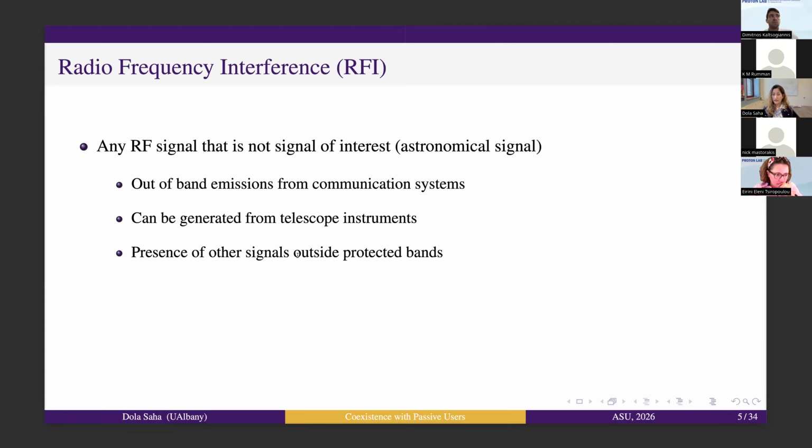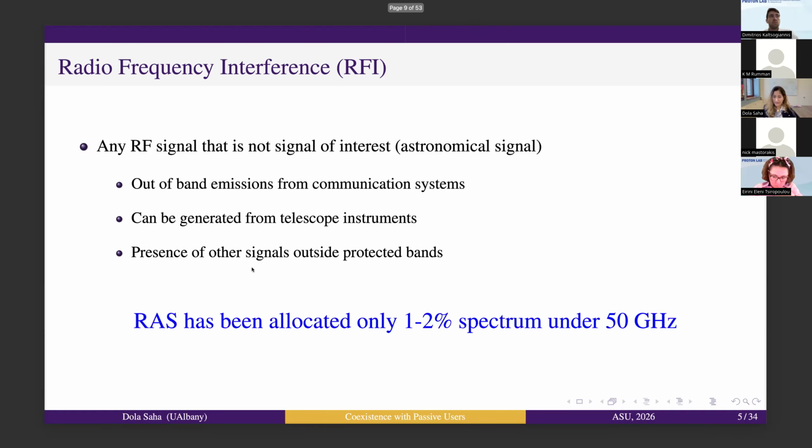Their instruments are super expensive. Also, there could be presence of other signals outside the protected band. And just remember that radio astronomy services, or RAS, have been allocated only 1 to 2% of spectrum under 50 gigahertz, where most of these are observed.